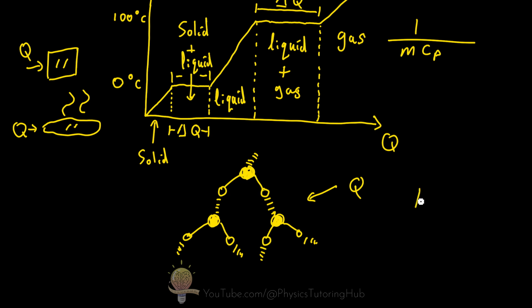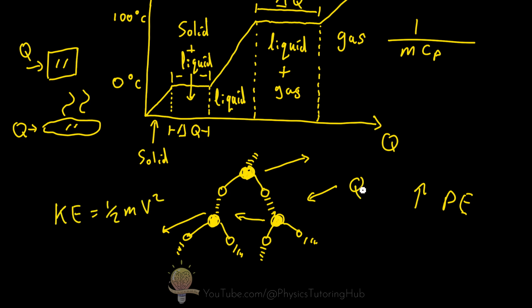So we're increasing the potential energy during a phase change, but we're not increasing the average velocity of these water molecules. So their velocity vectors, on average, when we sum up all these velocities, will have the same value during the phase change. Outside the phase change, we're both increasing the potential energy and the average translational kinetic energy.